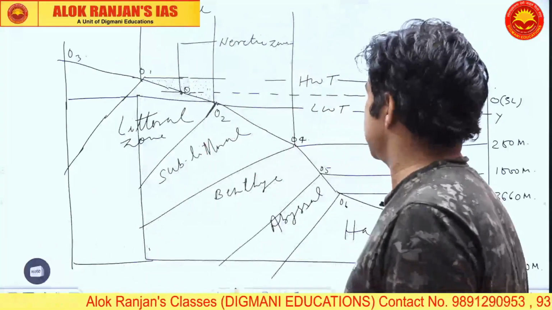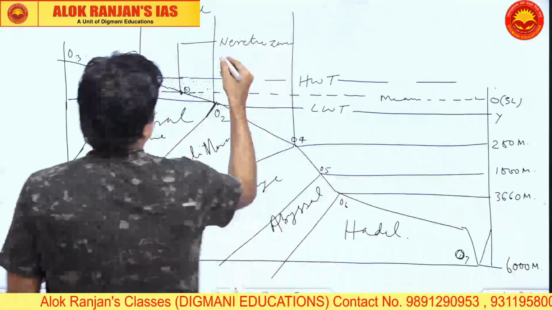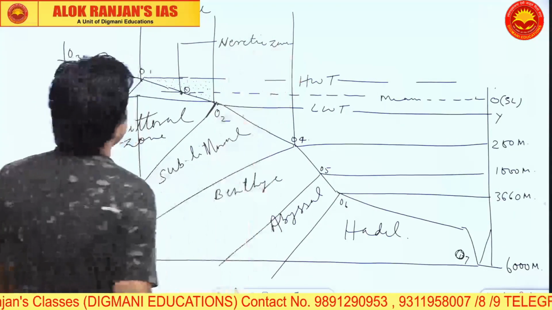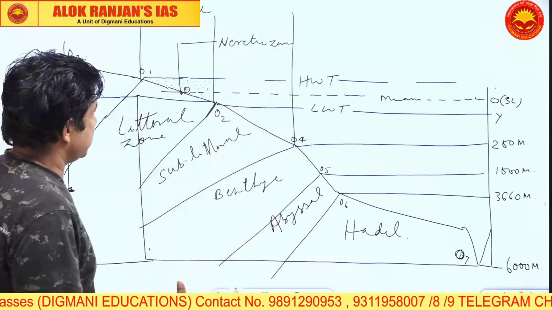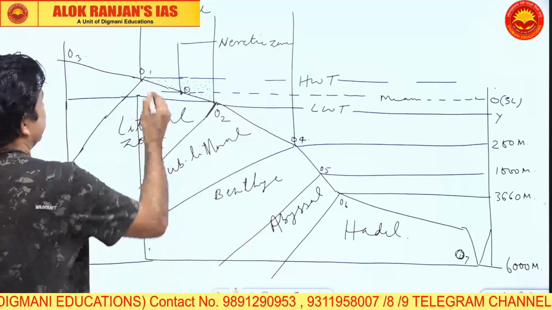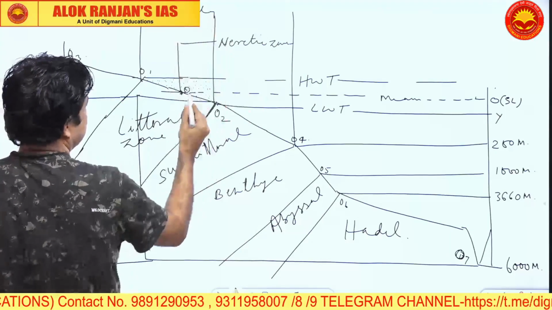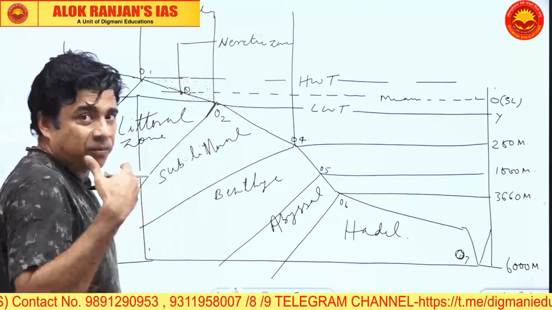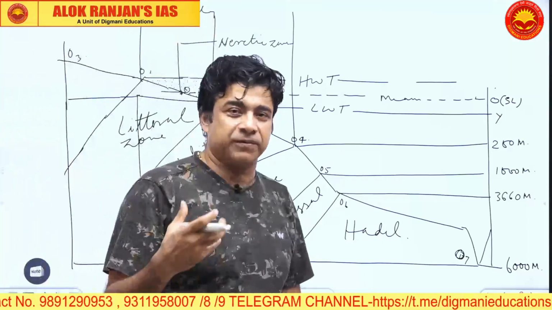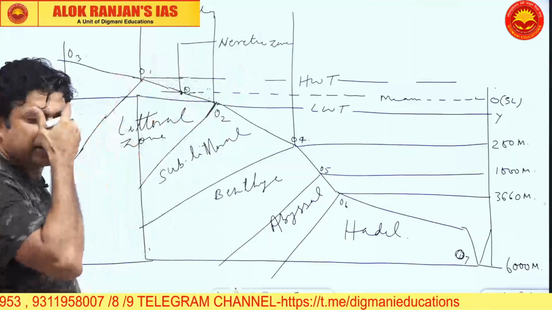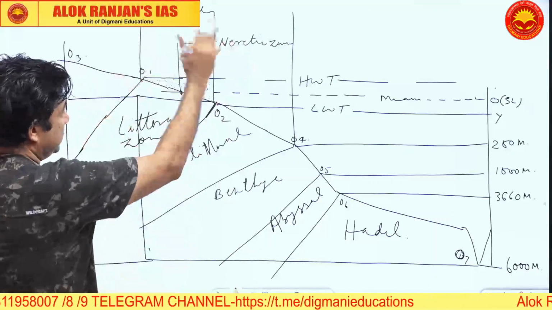This is called neritic zone. So you have littoral zone, you have neritic zone. Now what was the littoral zone? High water tide, low water tide. What is neritic? Neritic is incorporating some section of the littoral zone as well. Some section of littoral zone is gone with neritic.